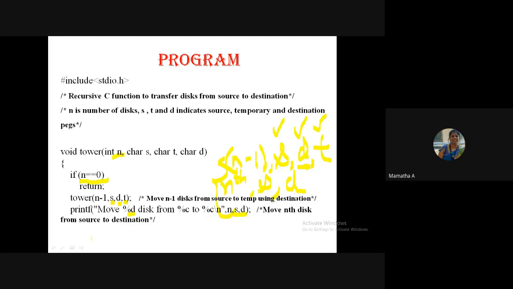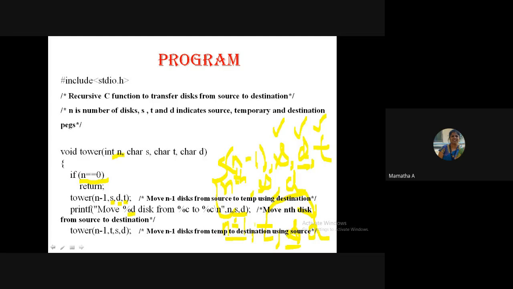Tower, n-1, T, comma, S, comma, D. So you mean to say I'm moving n-1 disks from temporary to destination using source.